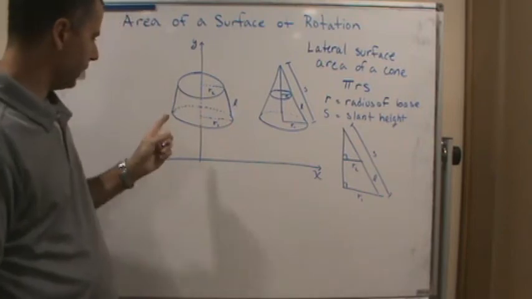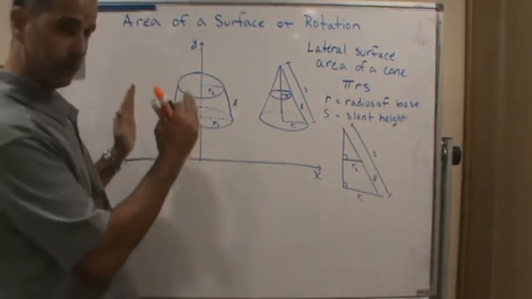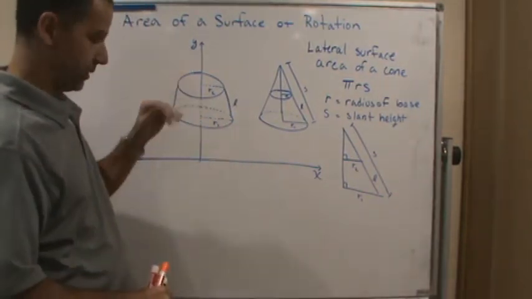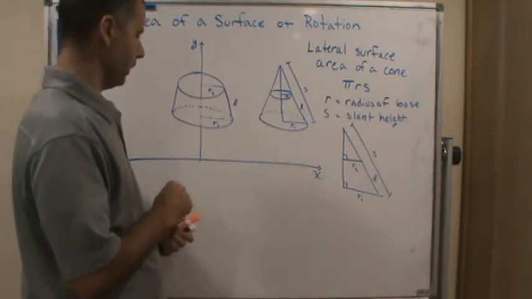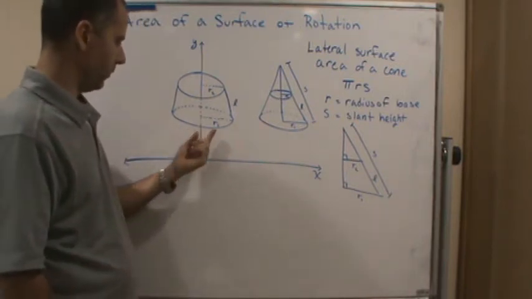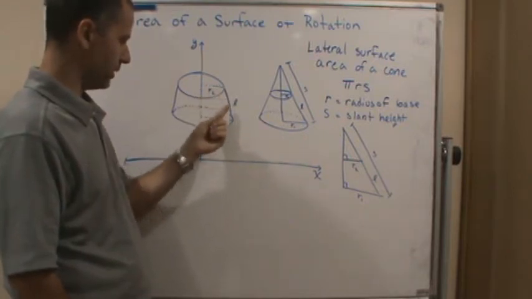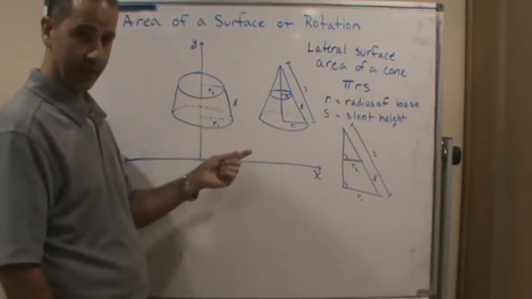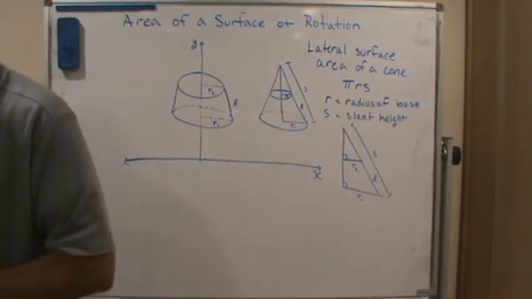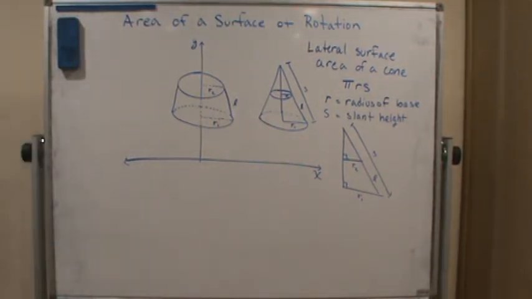What we end up getting looks like part of a cone where the top is cut off. I drew a picture here where we have the bottom radius R1 and the top radius R2 with this slant length here. We're going to use this to help us derive the formula, because we're going to compare this to a cone.